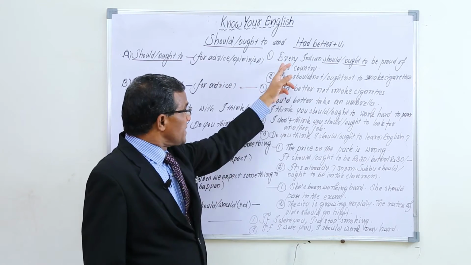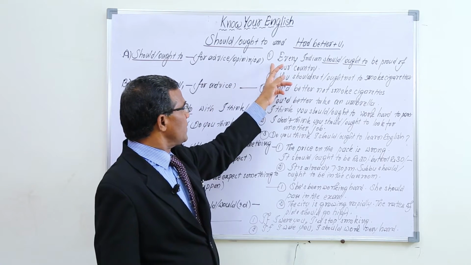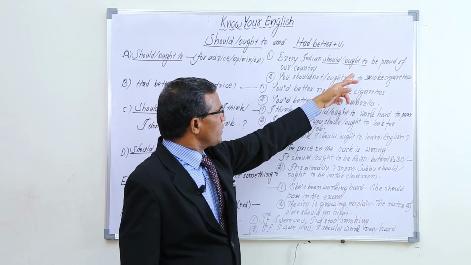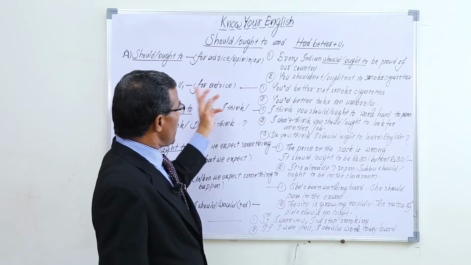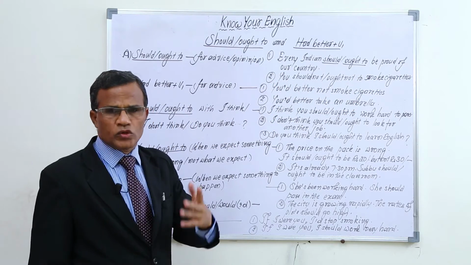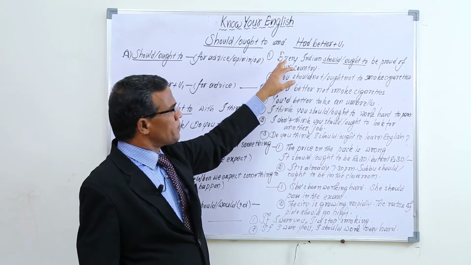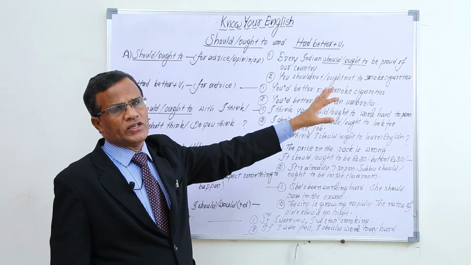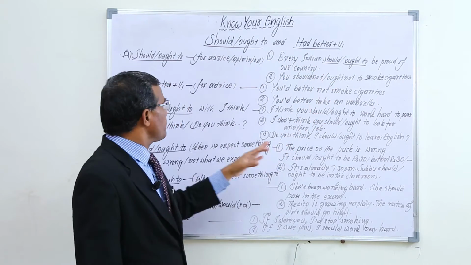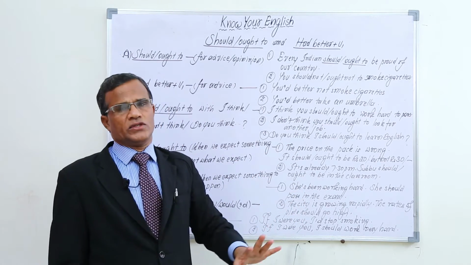And for the same general situation, we cannot use had better plus V1. So we cannot say every Indian had better be proud of our country. We should not use it. Should or ought to is meant for particular situations and general situations also. It's common. But in the case of had better, we have to use it for particular situations only.